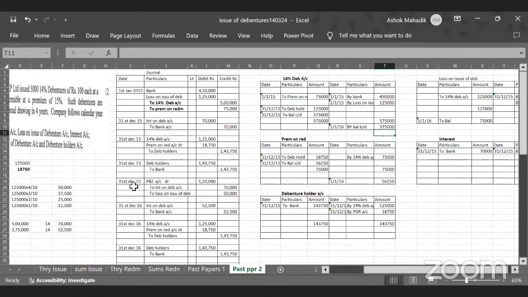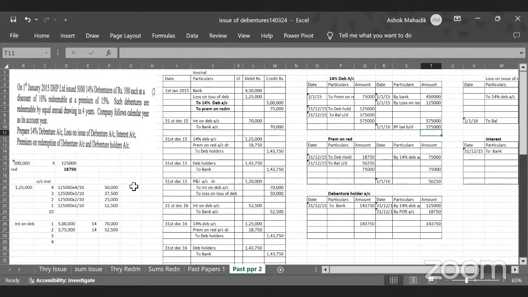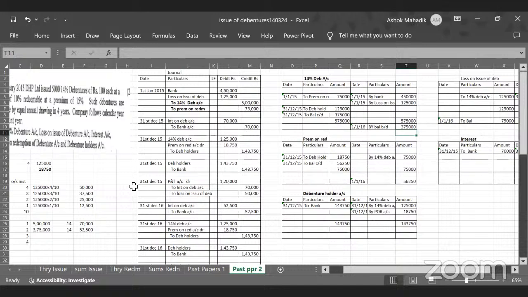Okay. Yeah, I was telling you about the methods of redemption. Many students get confused, like out of profit, out of capital. So there is not much difference between these two. You watch my first video, you'll understand what is the difference. Okay, so whenever we are redeeming any debenture out of capital, their P&L account will not be involved.